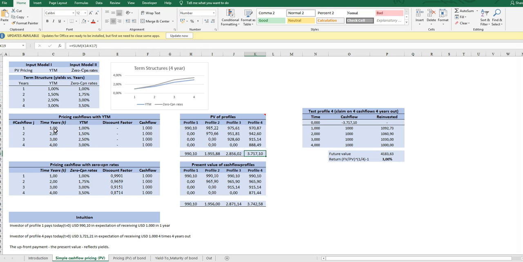And how can I be sure that this is the same as the 3%, the requirement that he had? I just said that this is the required return. How can I be sure that this upfront payment for the cash flows in the future also reflects the 3%? What we can do is, for this profile 4 particularly, just take out his cash flows. We know that he will get, or at least expects to get, 4 times 1,000.